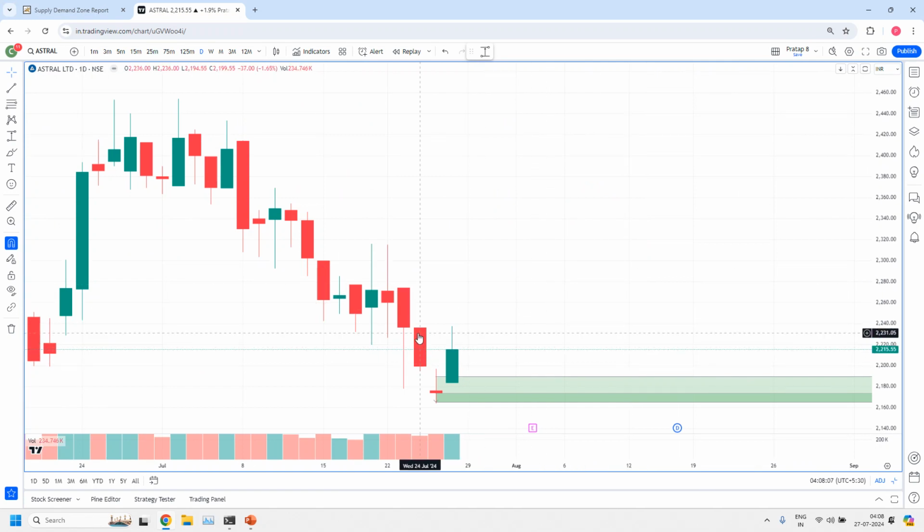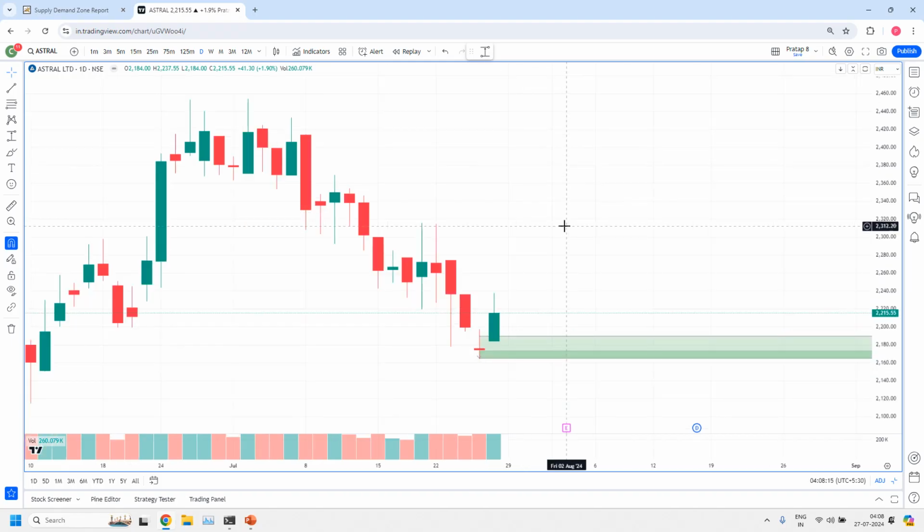Yeah, daily also, we have a drop, base, rally. Drop with a hidden body; if you add it, again a drop will come. So that's why it's not very clear to confirm it is a drop base rally. But anyway, 75 minutes and 15 minutes are confirmed.